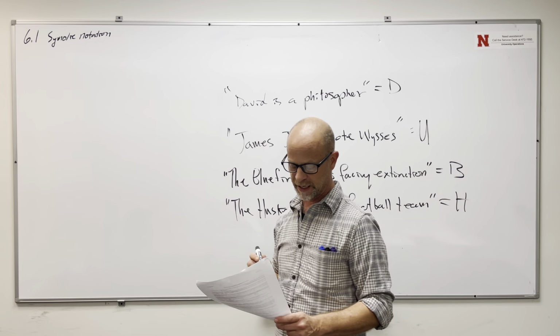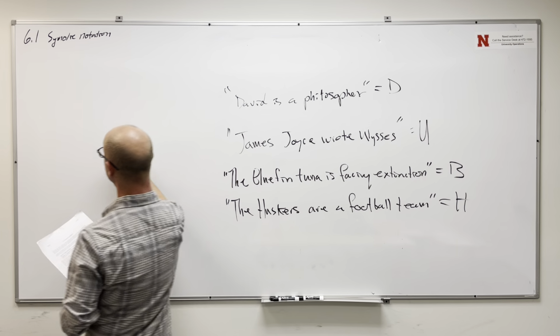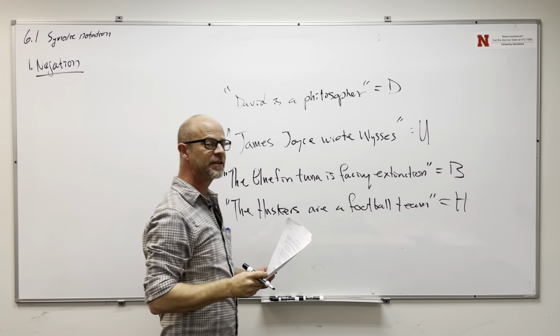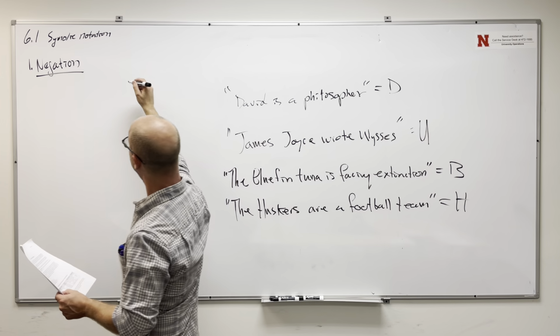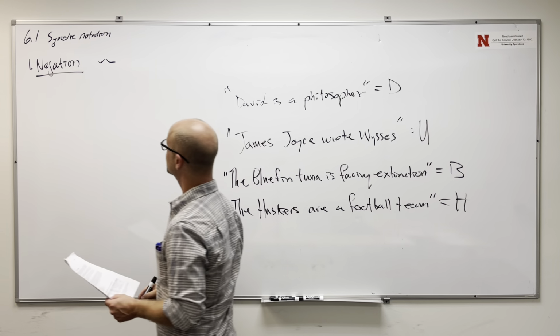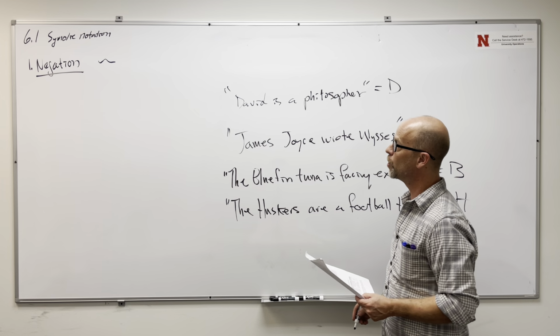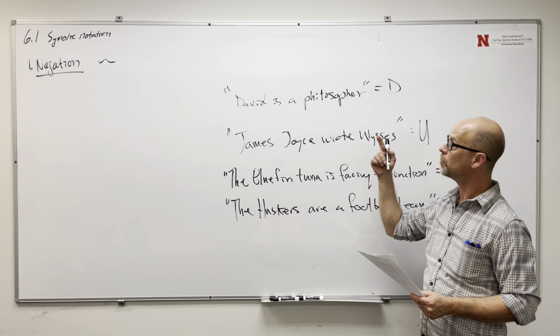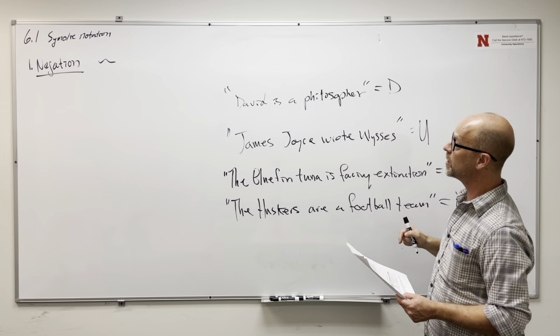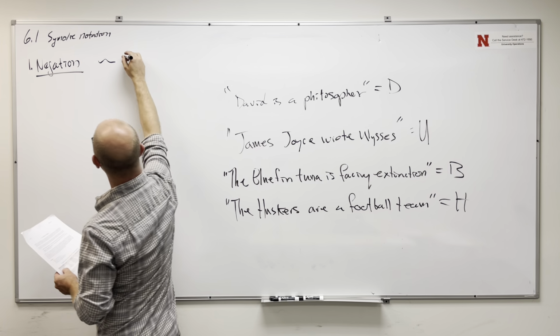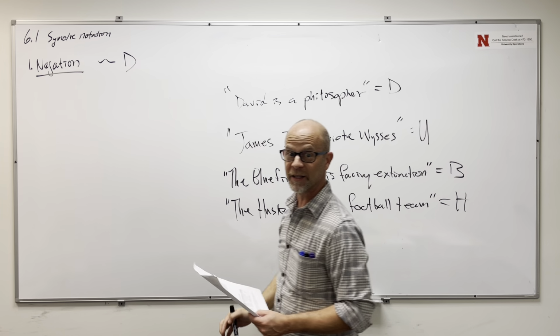The first one is called negation. We're going to symbolize negation using what's called the tilde, which looks like this. It's just this little squiggle mark, right? So let's say I'm talking about David is a philosopher, and I've got a D. I can negate that D with the tilde.